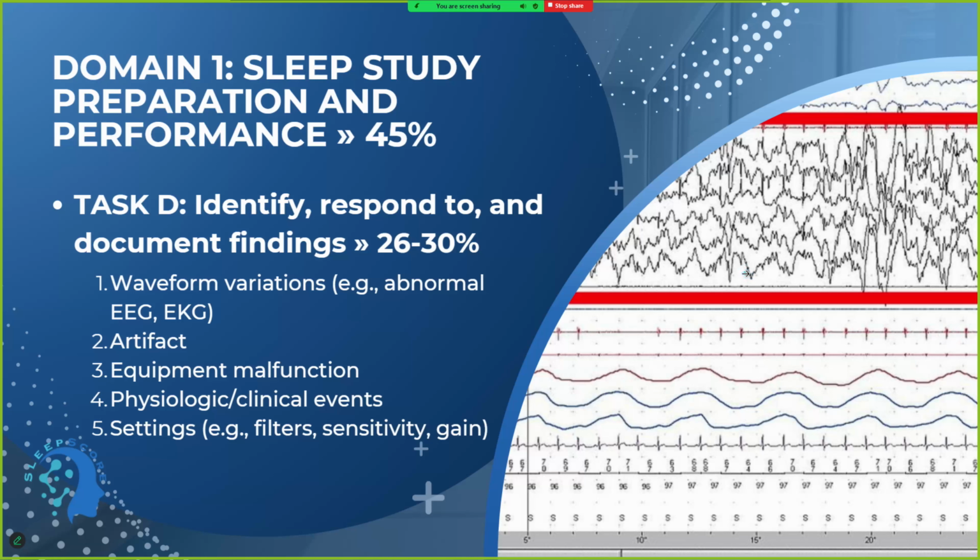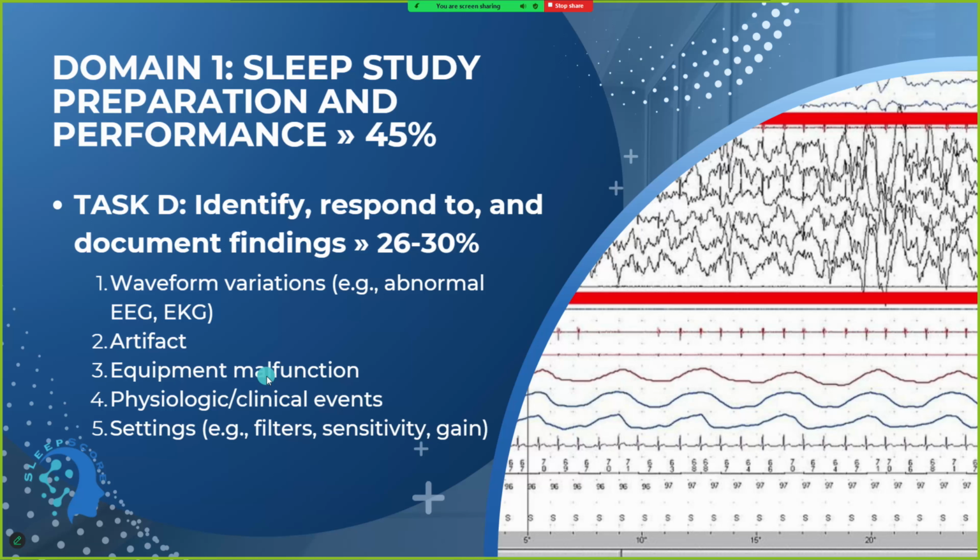What does artifact mean? All those waves that you see in the waveform which are not needed, unessentials. They somehow came up because of the hookup, because of the patient. Anything not needed is called artifact.